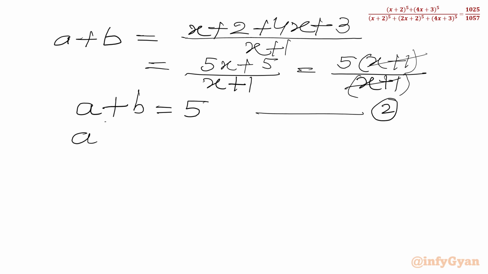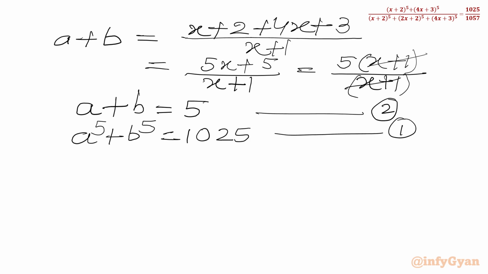I will write our first equation also, A power 5 plus B power 5 equal to 1025. This is our equation 1. Now I will consider A plus B whole square value. Let's find out this. So this will be equal to 5 square.